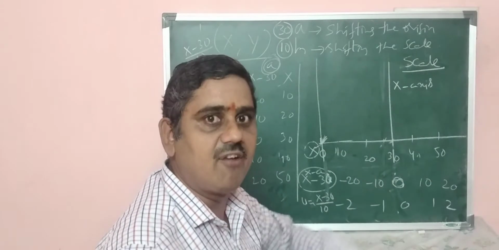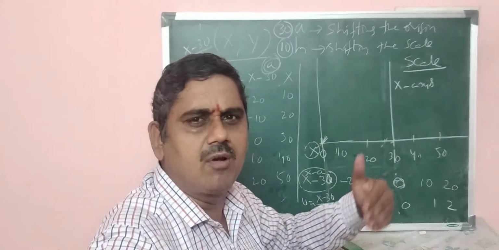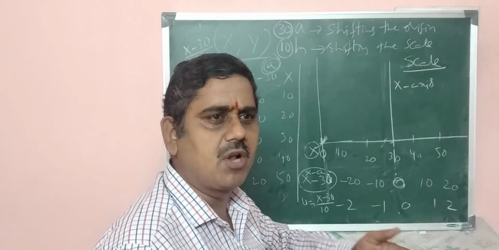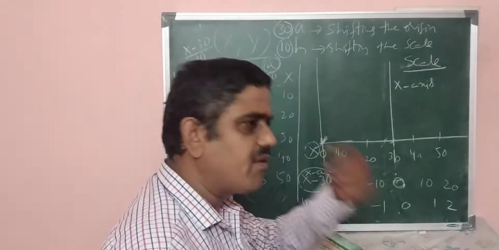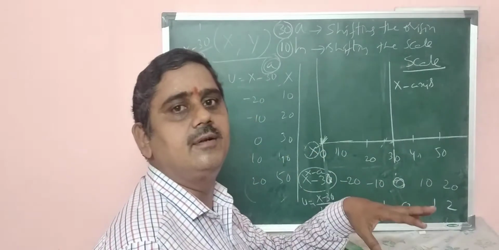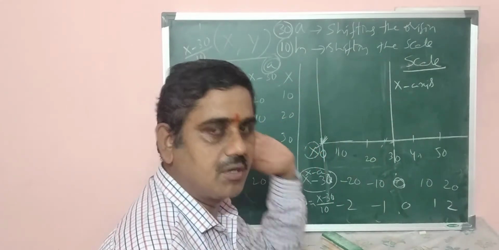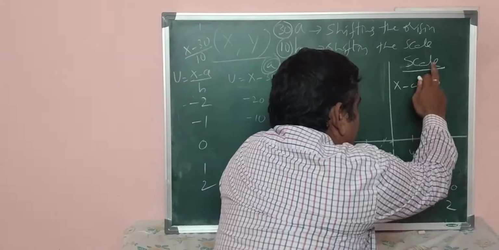If you want to draw a graph, we draw the graph for a frequency polygon or histogram, etc. Then we write the scale in this fashion. Hope you remember, right? X-axis, scale on x-axis.